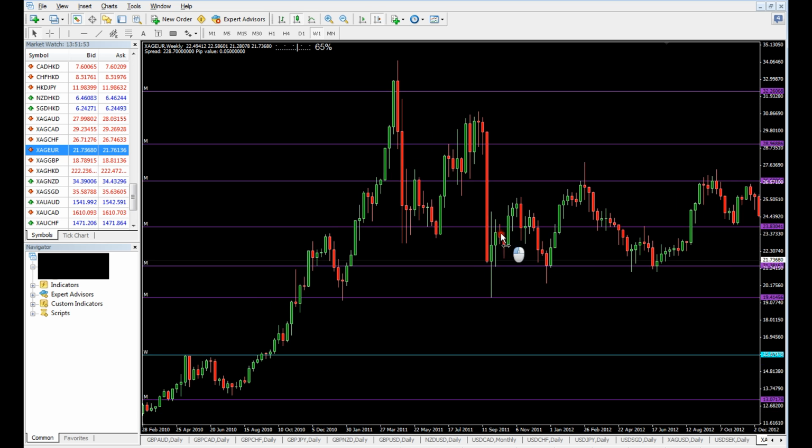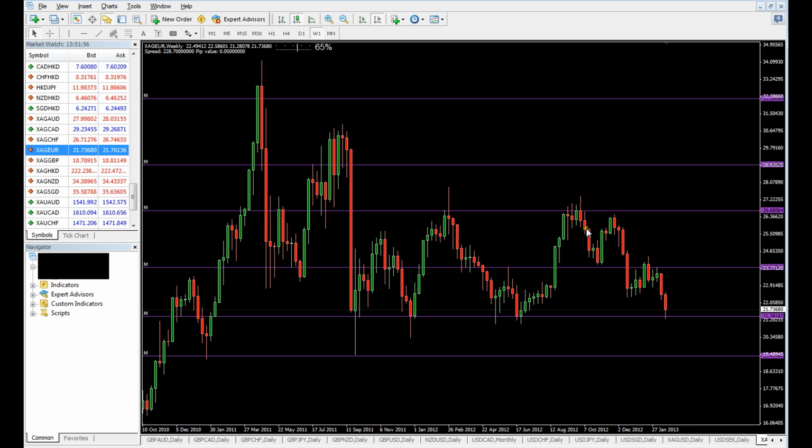Okay, now if we want, we can just analyze the market as is on the weekly. You can see this market at this moment is very easy to understand because it put up a textbook double top.